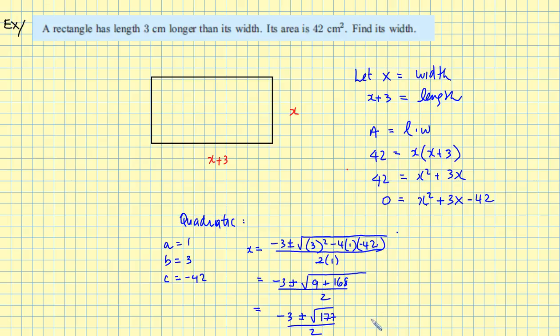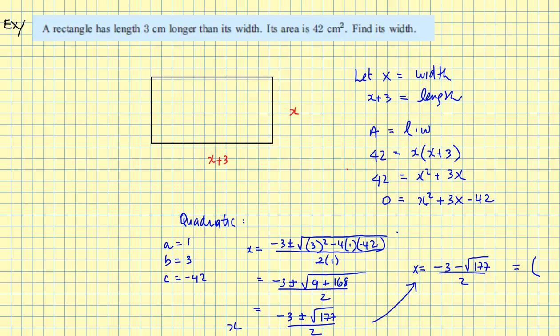Now I can obviously figure out what the answer is with decimals. So x would equal negative 3 minus the root of 177 over 2.